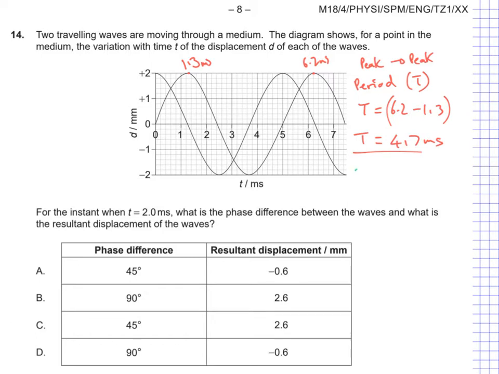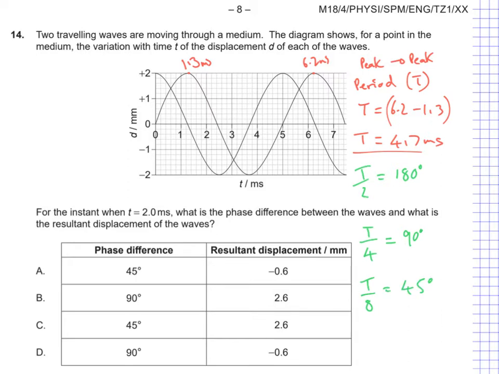If we took the period and put it in half, that would be equal to half of the 360, in other words a phase difference of 180 degrees. And if we took the period and divided it by 4, that would be equal to 90 degrees. And we could keep going, of course. Period divided by 8 would be 45 degrees.